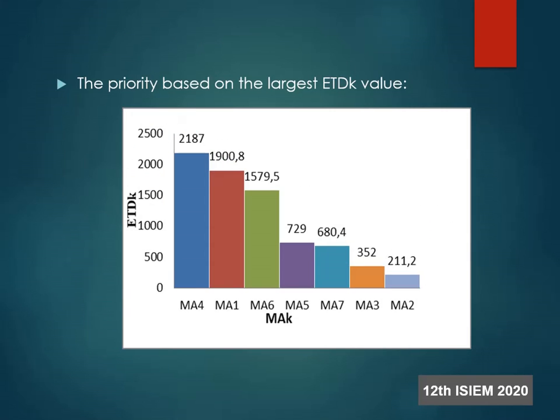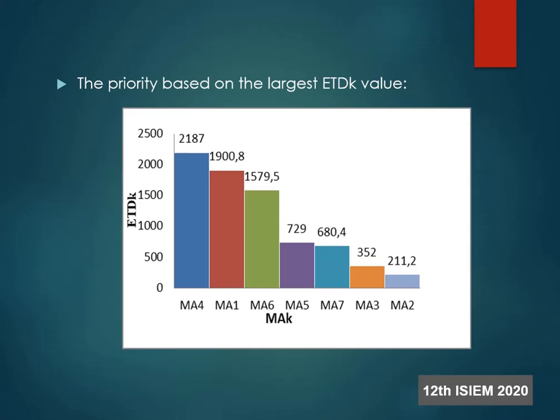The results of House of Risk 2. The priority is based on the largest ETDK value.